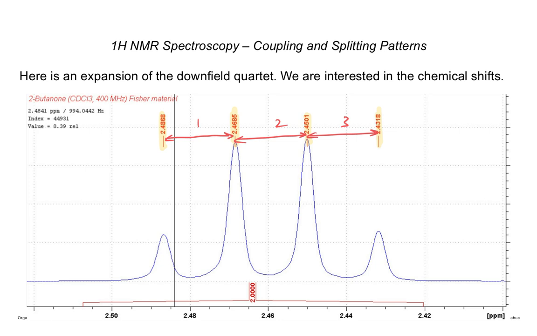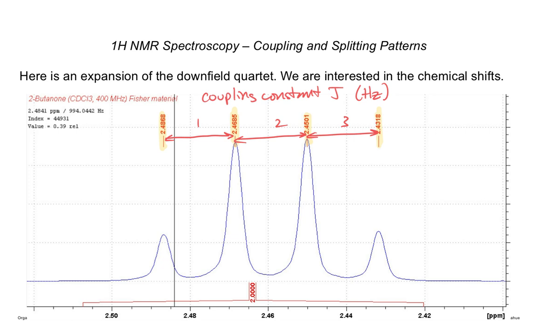This is called the coupling constant. It's signified as J, and it's reported in hertz. So what we're going to do on the next slide is look at each number and then subtract the lower one.